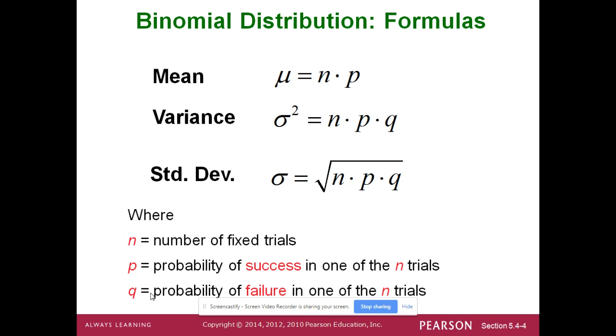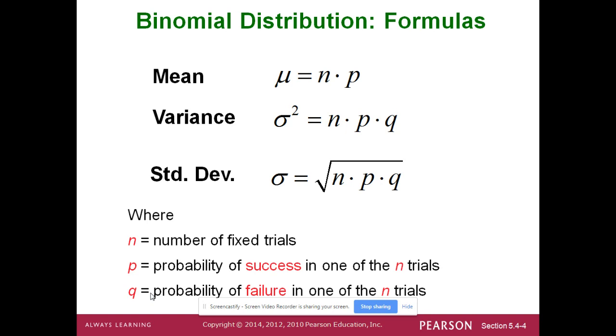Yeah, 5 trials and 0.85 for probability of success. That gets you the mean. The variance is found by multiplying the number of trials times probability of success times, what does q stand for? Probability of failure.